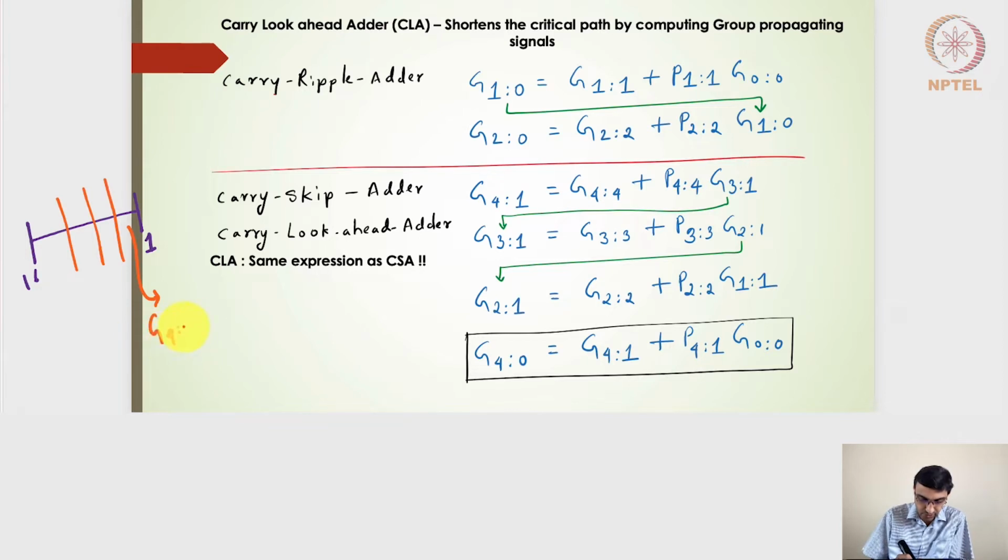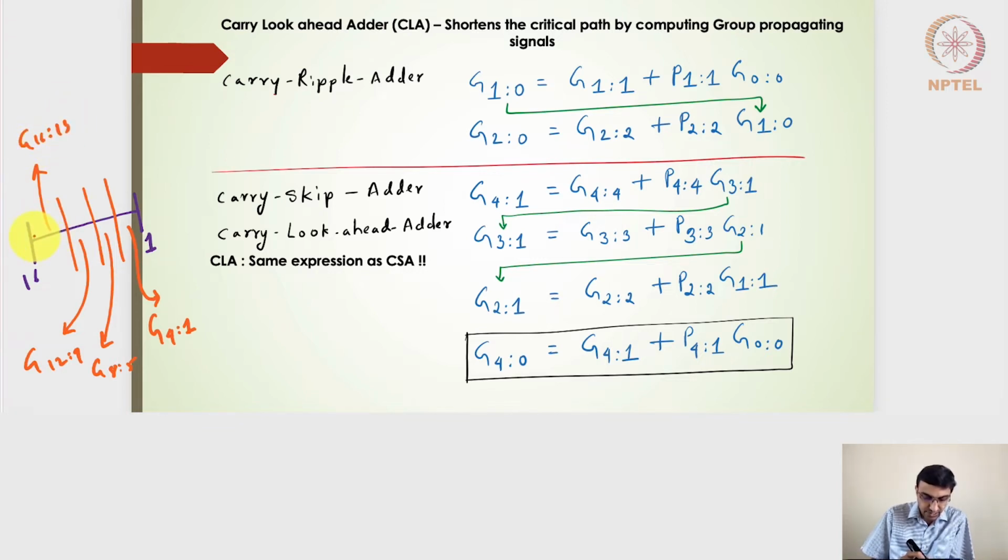So G4 is to 1, and this one will have G8 is to 5. This one will have G12 is to 9, and finally this one will have G16 is to 13.